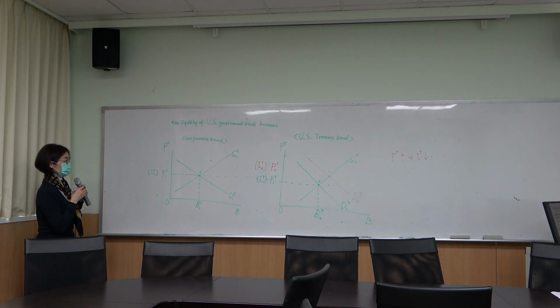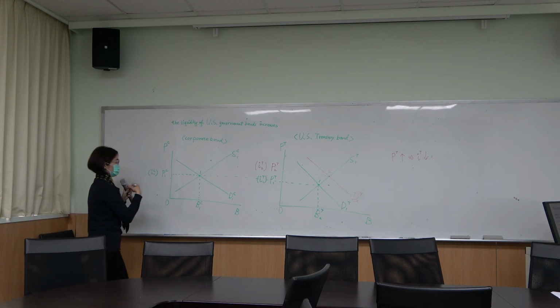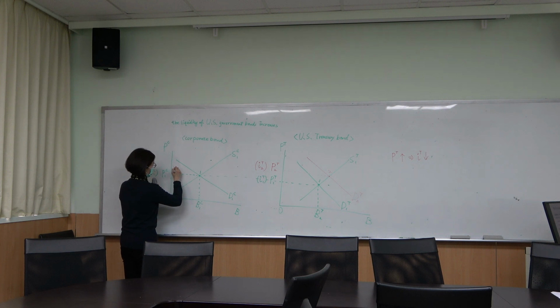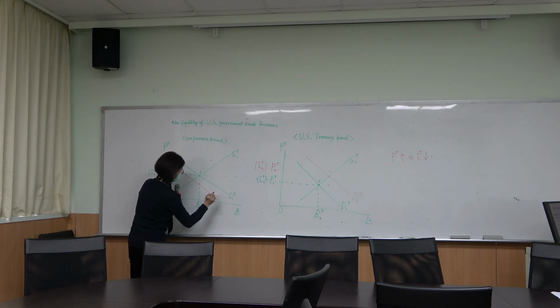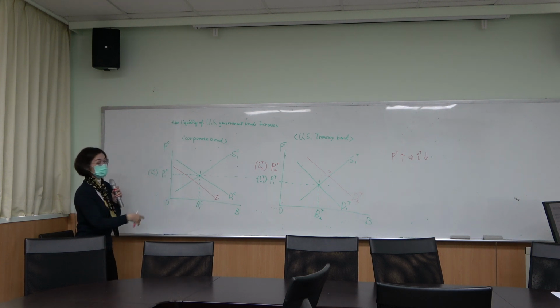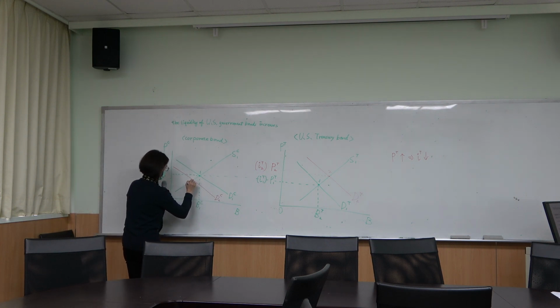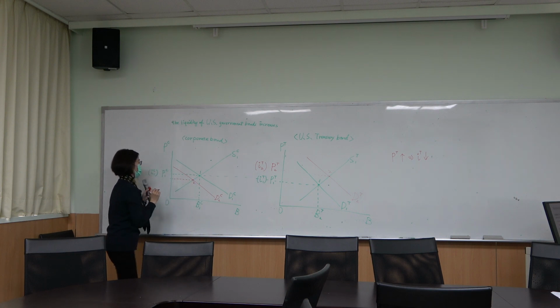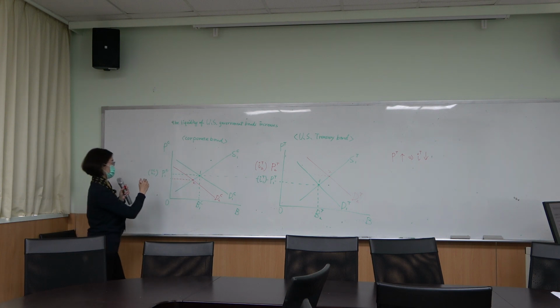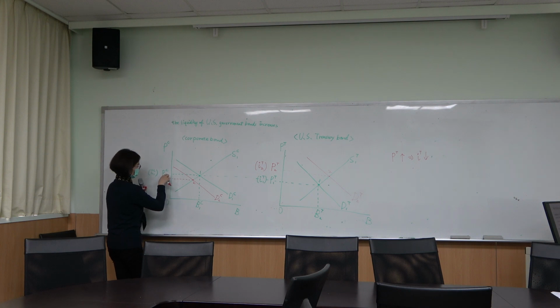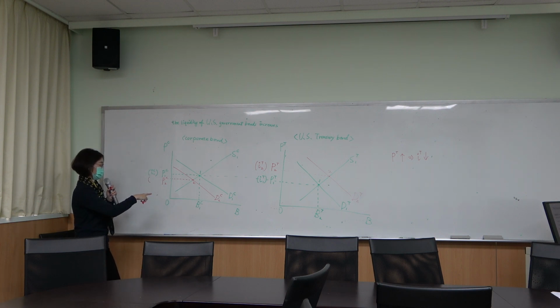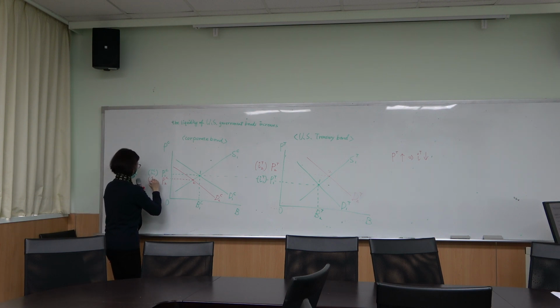Then while people are increasing their demand for Treasury bonds, they lower their demand for corporate bonds. So their demand for the corporate bond shifts to the left. That lowers the price of the corporate bond. So it goes down from P1C to P2C. And as the price goes down, its interest rate goes up.